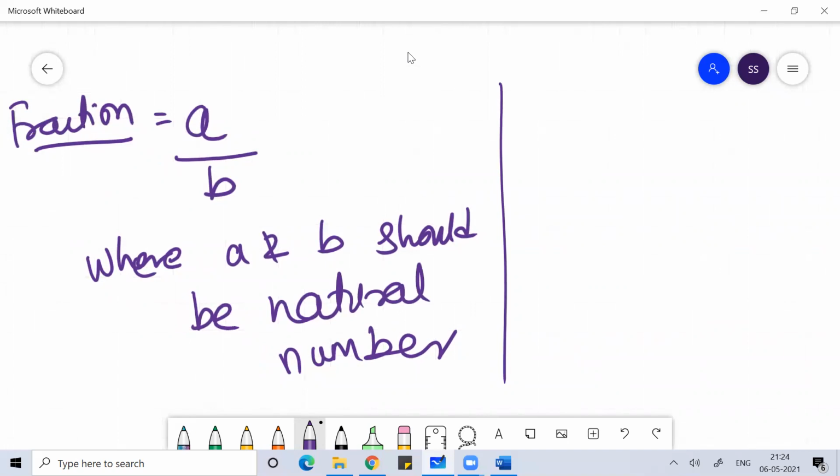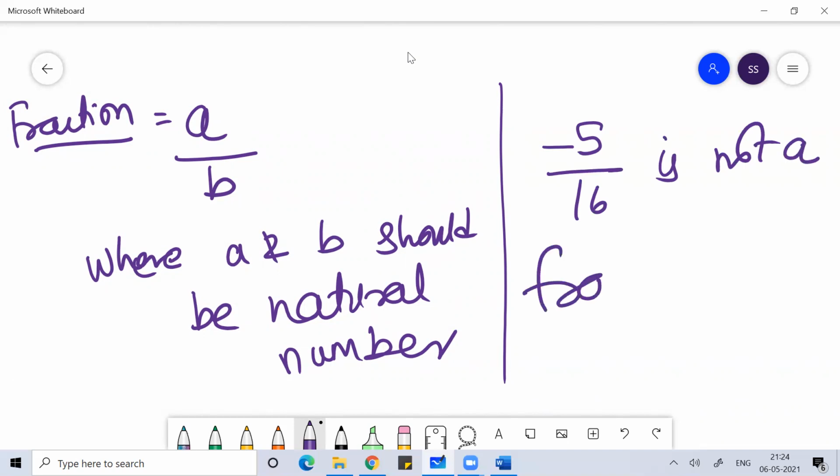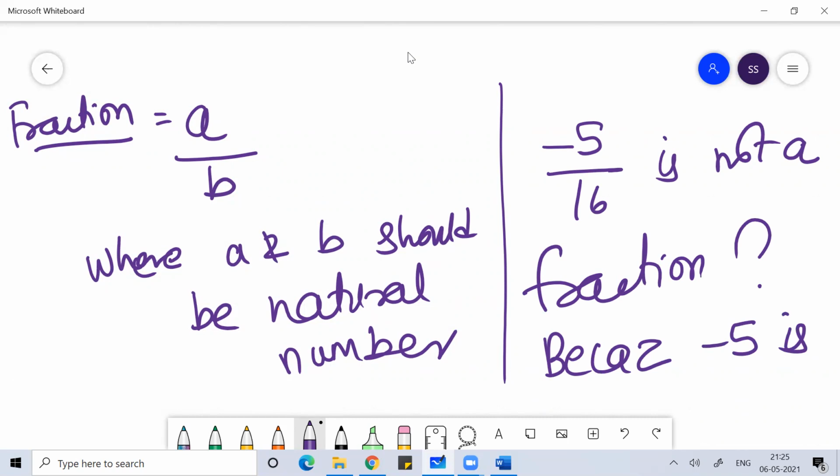You need to understand that every fraction is a rational number, but every rational number is not a fraction. Suppose like -5/16: it is not a fraction. Why is it not a fraction? Because -5 is not a natural number. I hope you are understanding.